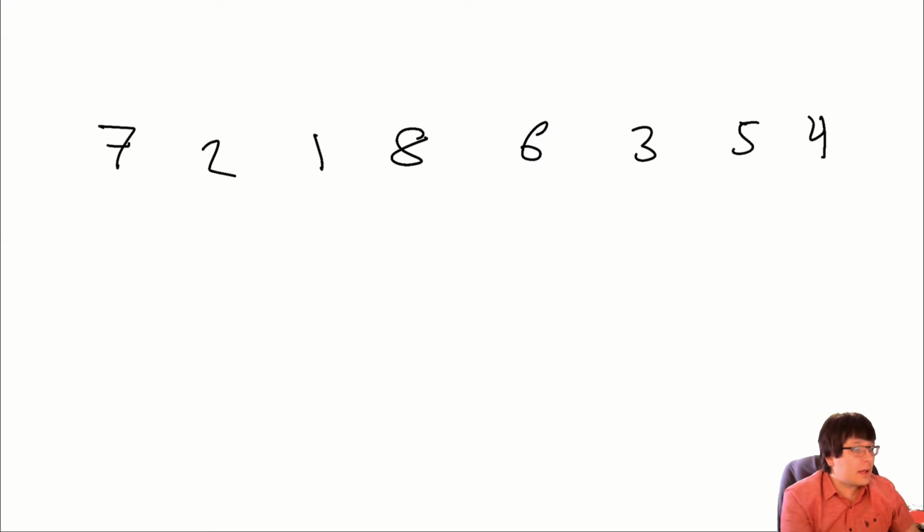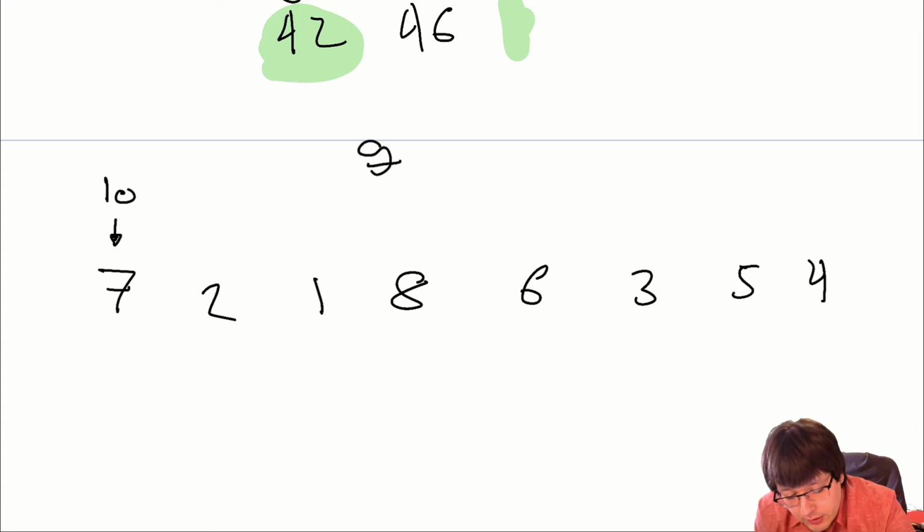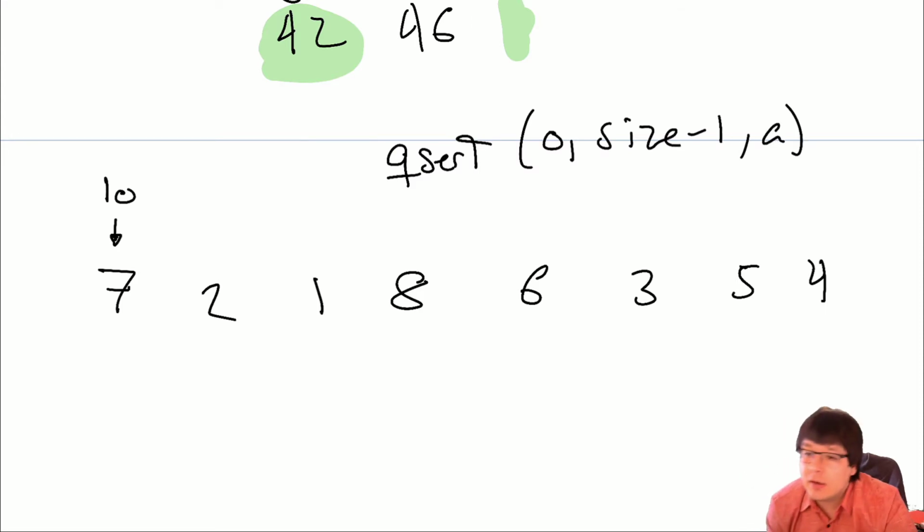Okay, I hope this is a good number mixture. So we start out with low being, the first time you run it, you set the low to 0 always. The initial recursive call for Quicksort is going to be 0, size minus 1, and the array.